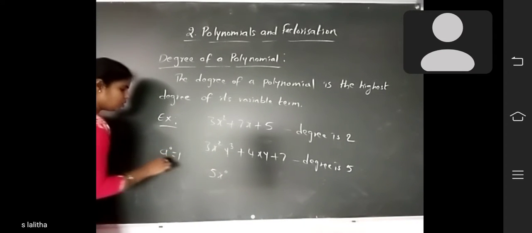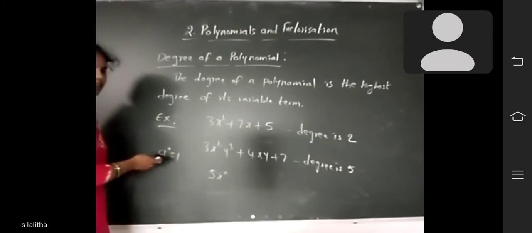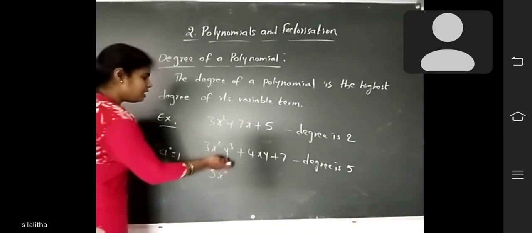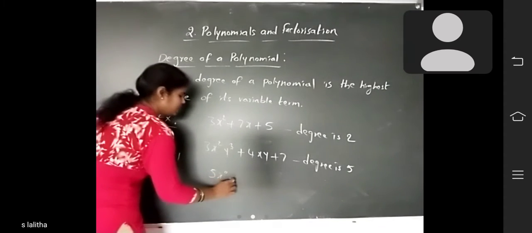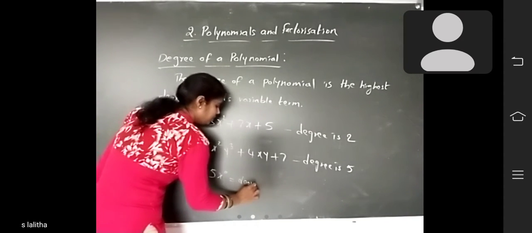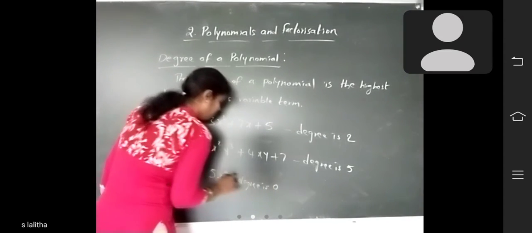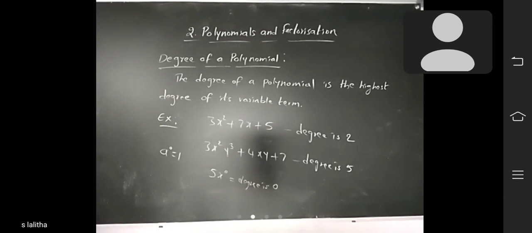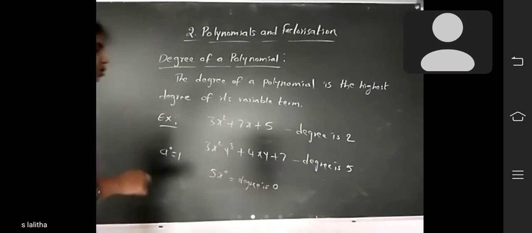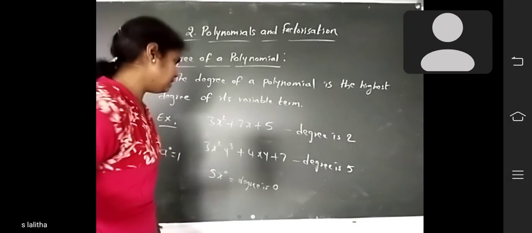A power 0 is equal to 1. Already we learned. So that's why, here x is the variable, I'm taking x power 0. So what is the degree? Degree is 0. Did you understand? So for a constant term, the degree is 0.